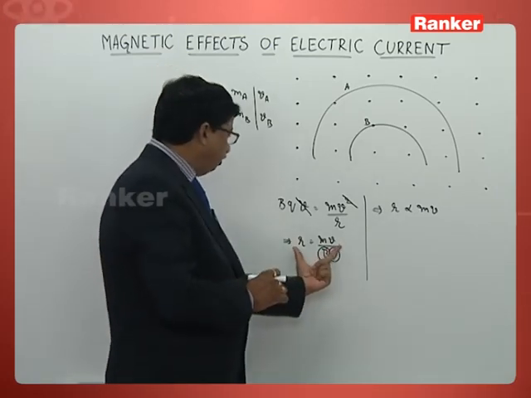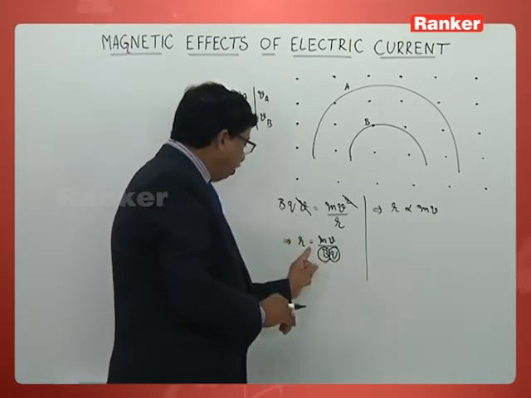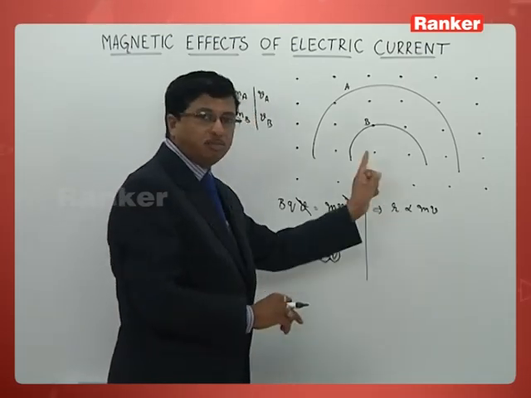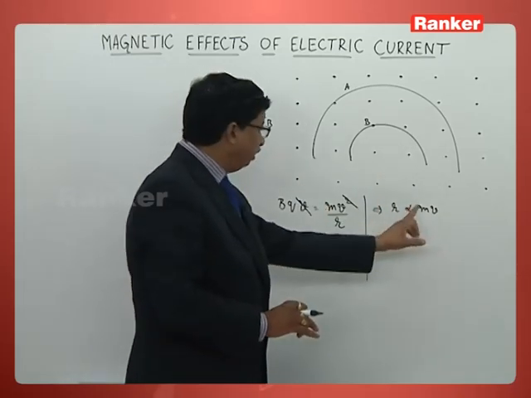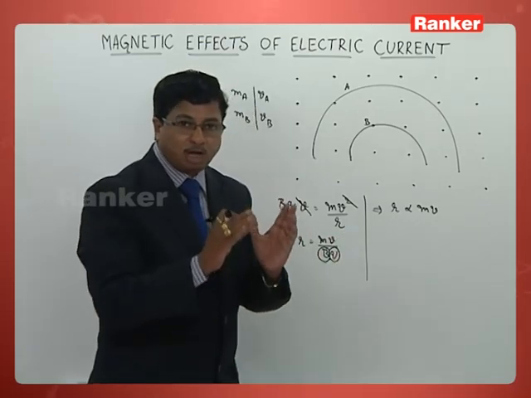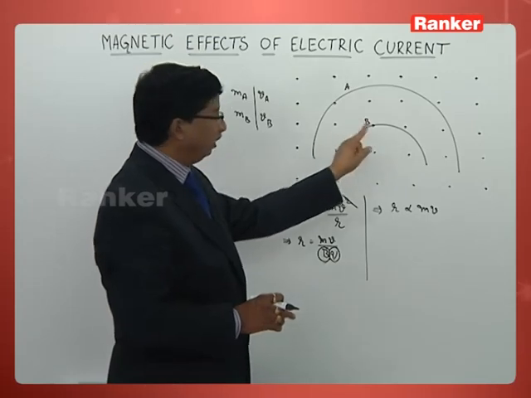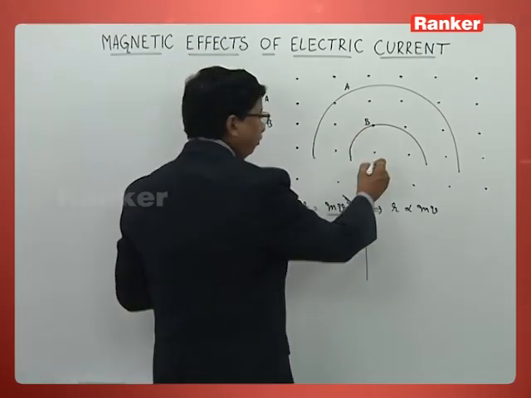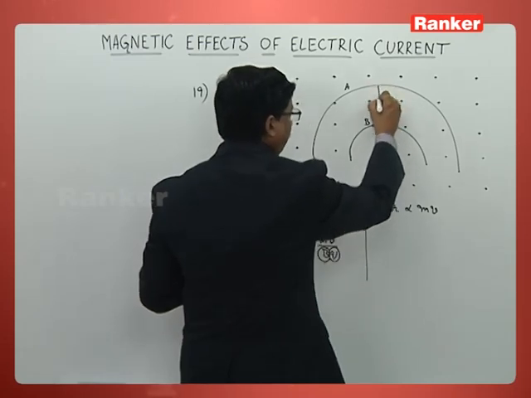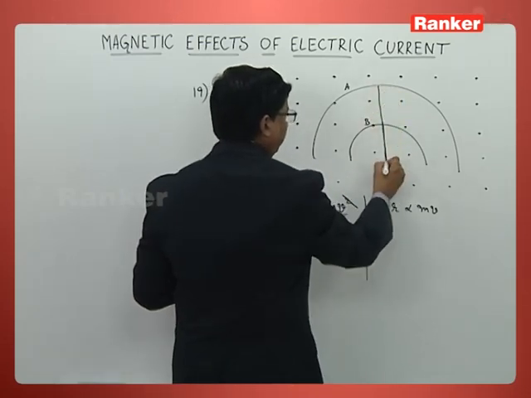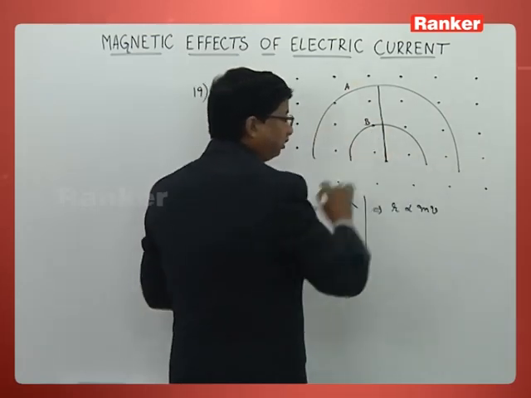Just look at this equation. Radius of the trajectory is directly proportional to the product of mass of the particle and its velocity. In other terms, it is directly proportional to the momentum of the particle. Now just look at this figure carefully. Which trajectory has a greater radius? The radius of the first one is more than the second.